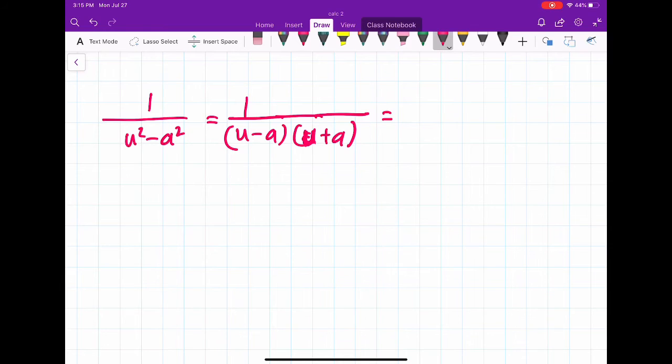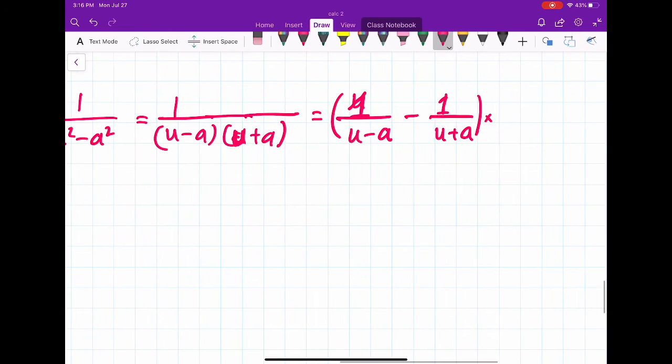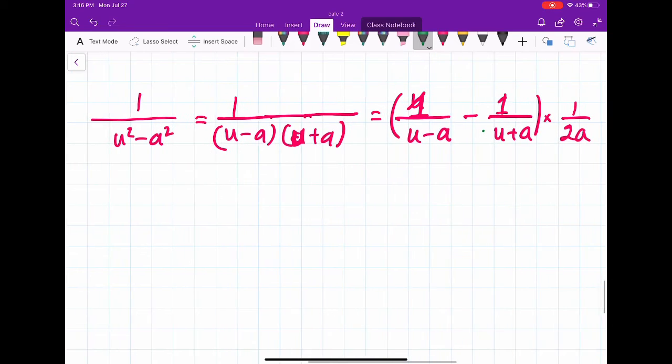How? You can write this as 1 over u minus a, minus 1 over u plus a, and everything multiplied by 1 over 2a. If you multiply this back, you get exactly what you need in here, right?